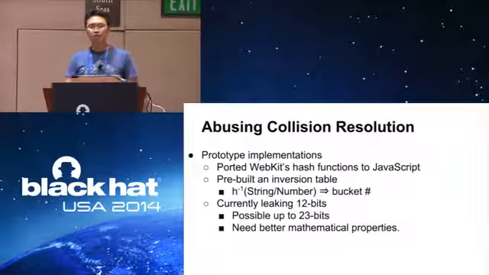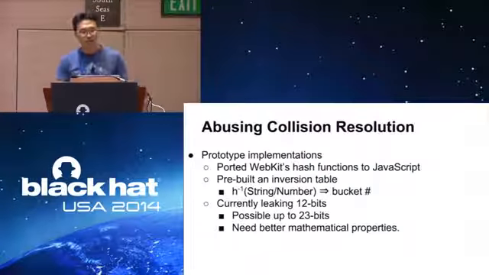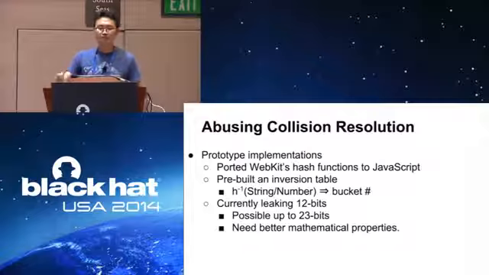Usually a hash function takes the string or number and returns the bucket, and the inversion table goes the other way, from the bucket back to the string and number. So we built the pre-built inversion table to further optimize our computations in JavaScript.